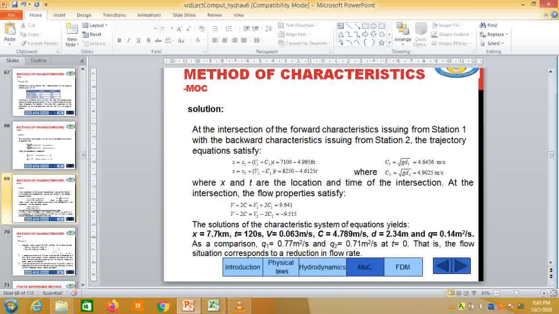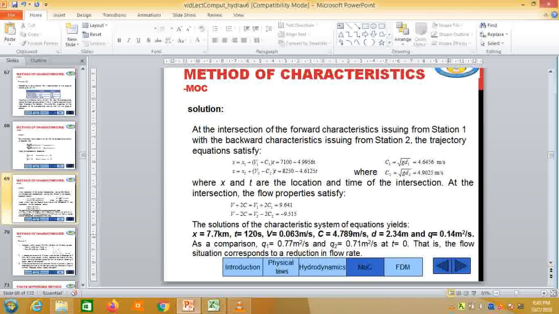Depth of flow is 2.34. And the specific discharge has reduced to 0.414 meters square per second, against specific discharge of 0.77 at station 1 and 0.71 at station 2 at time equal to 0. So it looks like there is a reduction in flow rate. Probably the gate has been closed.